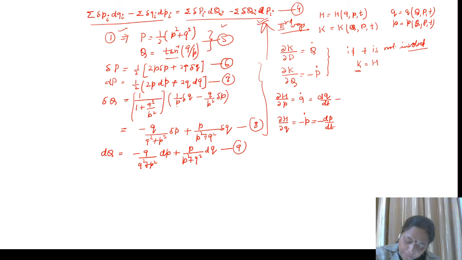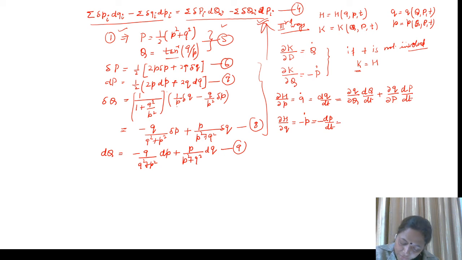It simply means that because I have to go from H to K and then from old coordinates to new coordinates, I may write this dq/dt as ∂q/∂Q dQ/dt, and then ∂q/∂P dP/dt. I may write in this way, right?